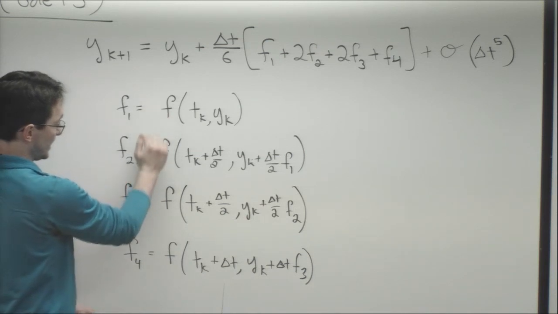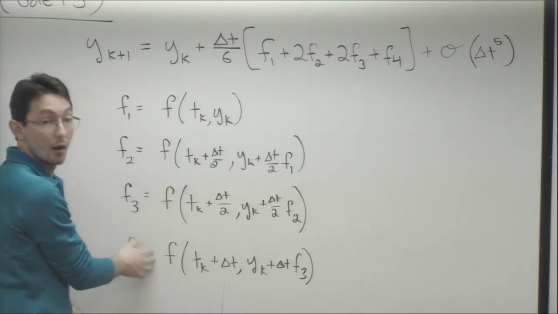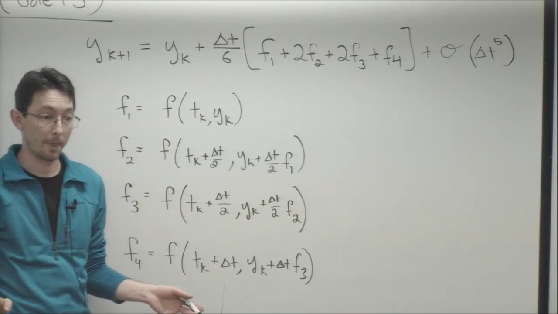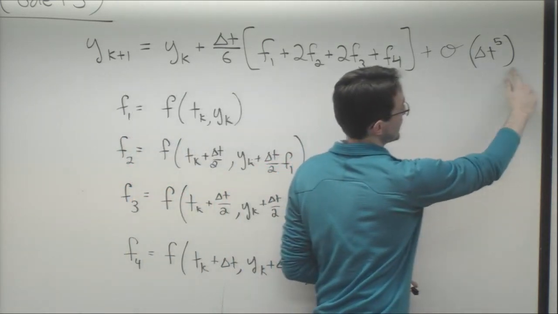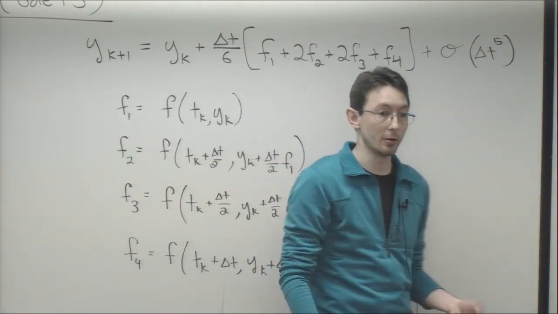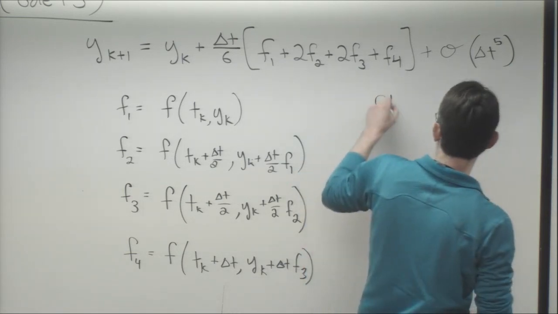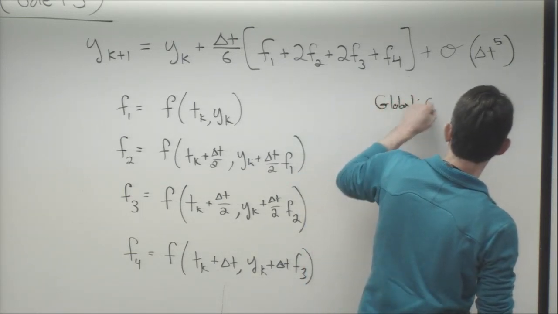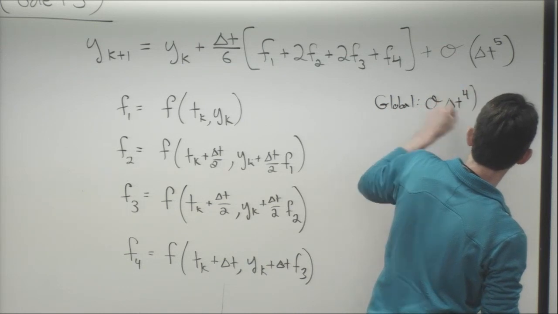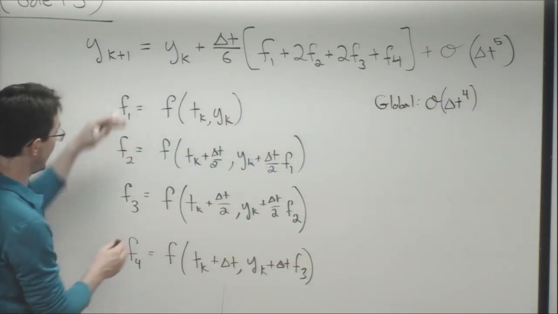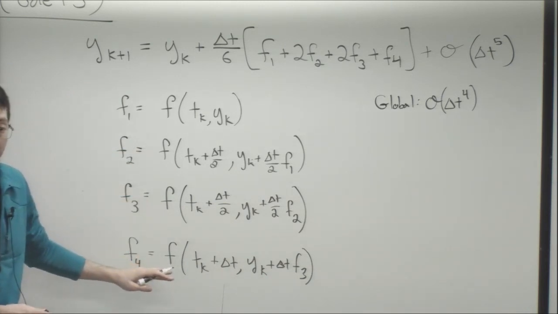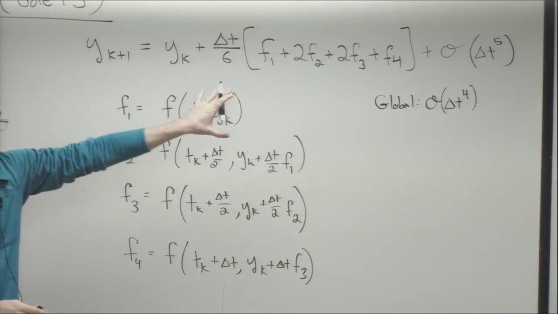So this takes 4 function evaluations, which is 4 times more than forward Euler. But it's order delta t to the 5th local accuracy, which means it's globally order delta t to the 4th. So this is so much more accurate that we're willing to pay the extra price of 4 vector field evaluations to get that delta t to the 4th accuracy.